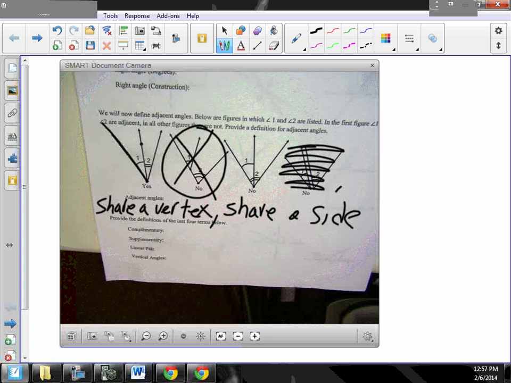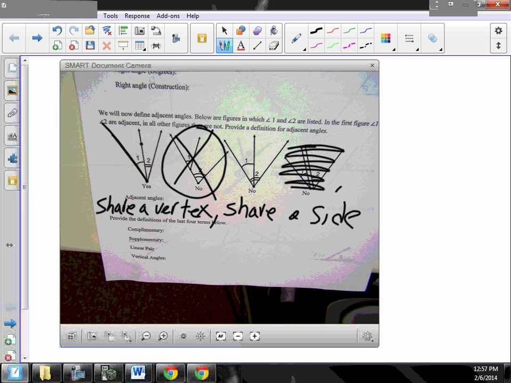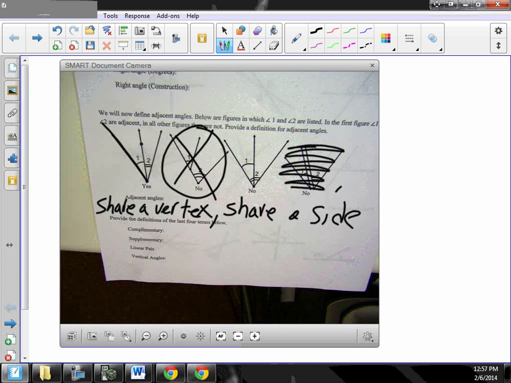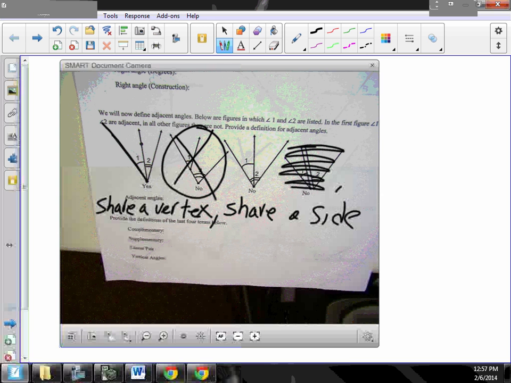What about figure 3? I think I heard the word a minute ago. So they share a vertex and they share a side. There's one more qualification to be an adjacent angle. No, it has nothing to do with their size. Right. Angle 1 is inside angle 2. And in angles, we use the words interior and exterior. Interior is the small side and exterior is the big side.